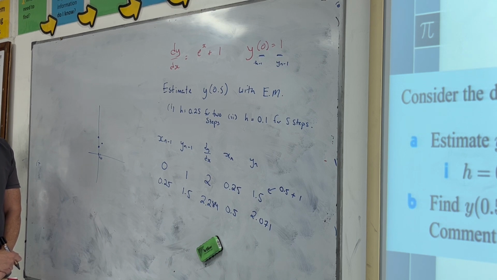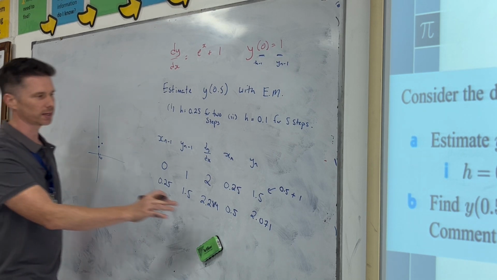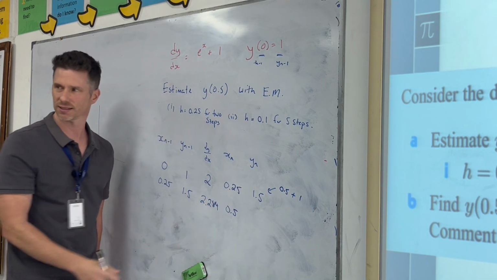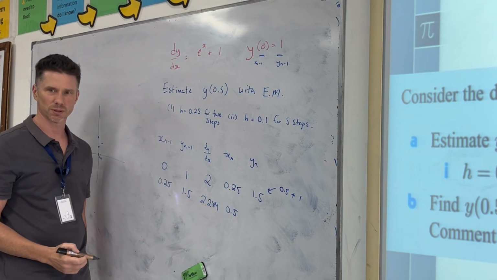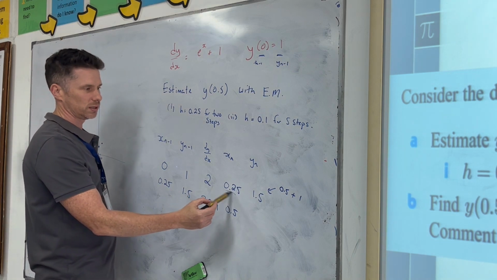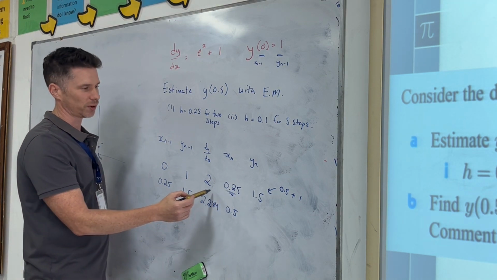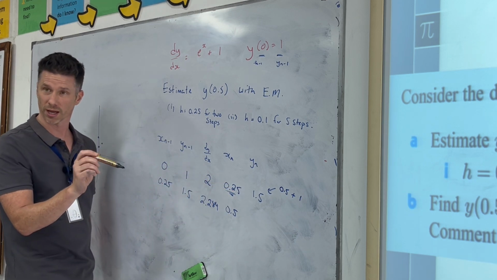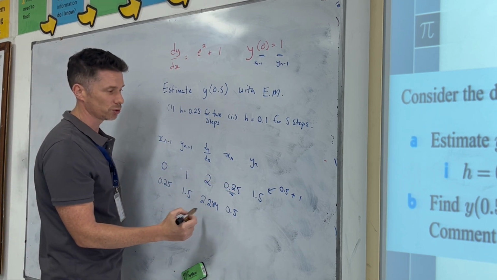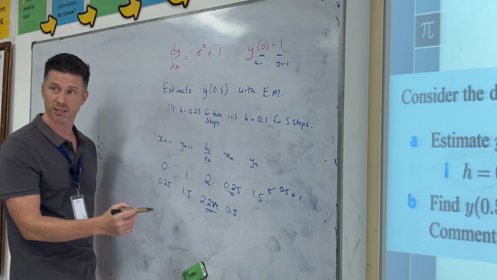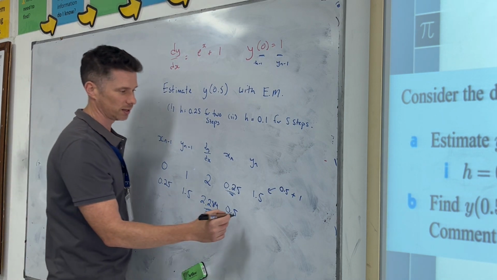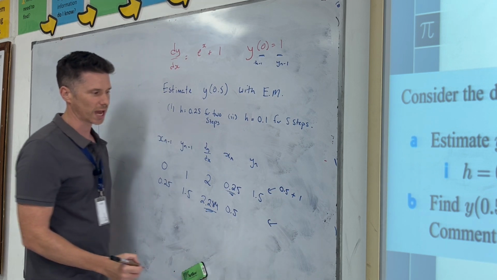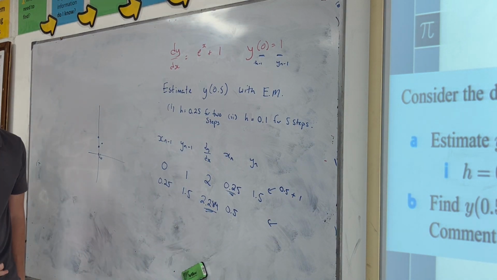So what are we multiplying by 0.25? Let's go back. How did we get this? I think it was easier with the first example. 0.25 times 2 gave us the jump of 0.5. So if I multiply 0.25 by the new gradient, which is slightly more, I get the next jump.